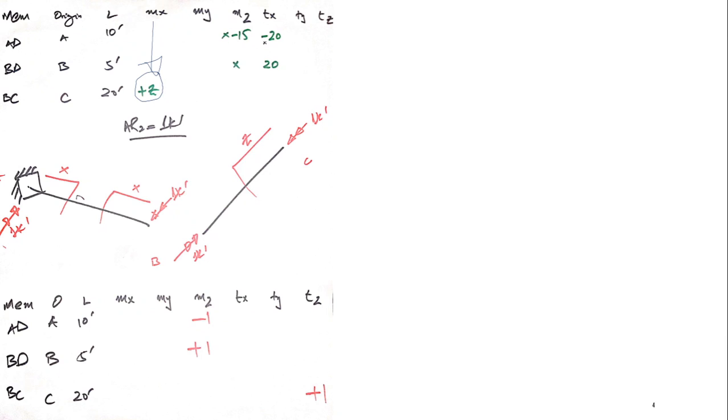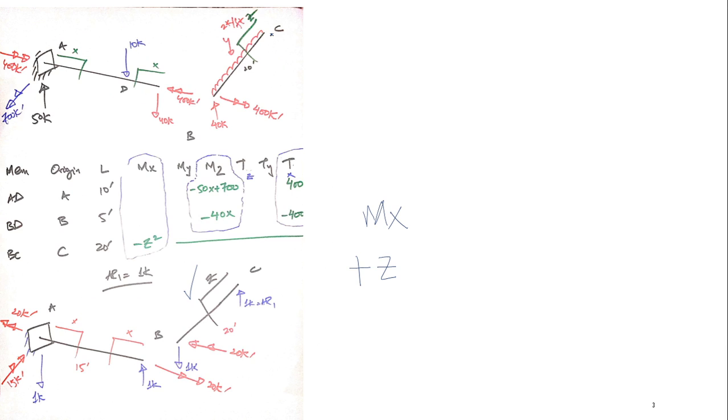Okay, I shall go for BD. X and 20, it is under Mz and Tx. Here I have to find all moments. So you should know that this is a pure torsion. This is minus, and this is in x direction. So the resistive would be plus 20, because this is anti-clockwise and minus.